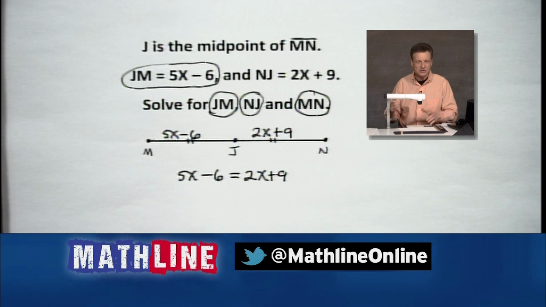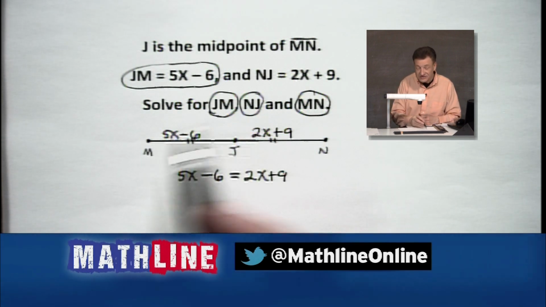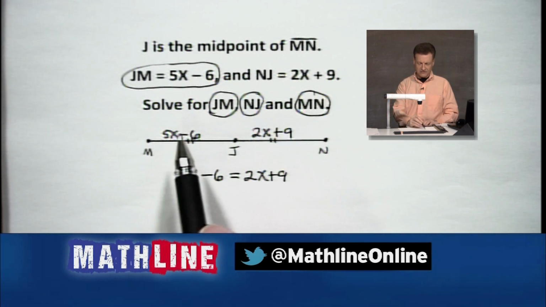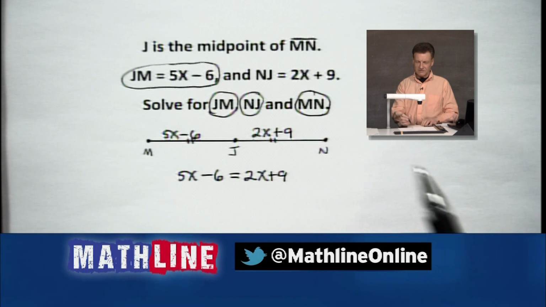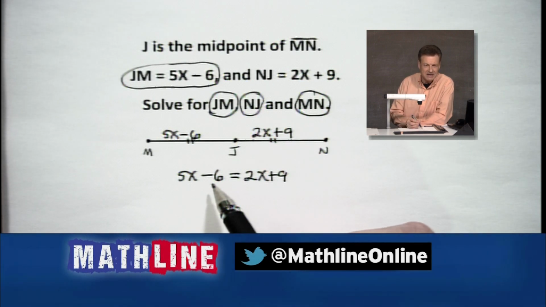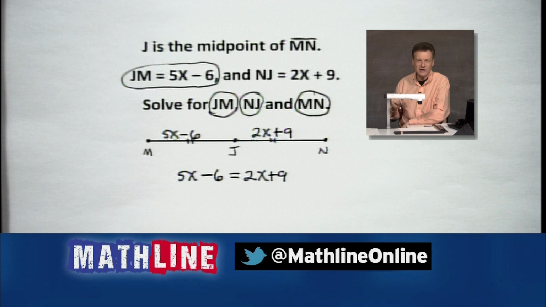Oh, it doesn't collide. They actually meet at J. And they're going to be a happy meeting because they're going to be the same length. Oh, you know what? If we know those two lengths, we can figure out what MN is. I like that. It's going to be easy to do. In fact, some of you say, you know, Ernie, if we just know one of those lengths, we could find MN. You all are watching Mathline and doing a great job with it.